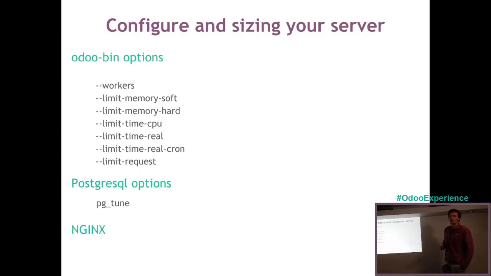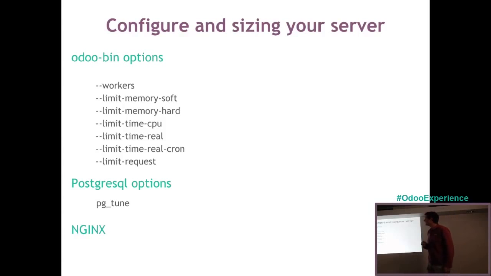Normally, the theoretic value of the workers is 2 times plus 1 the number of cores you have on your server. That's really a theoretic value. It's not right in every case, but it's a good start.